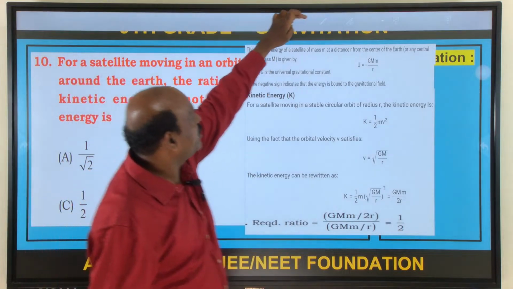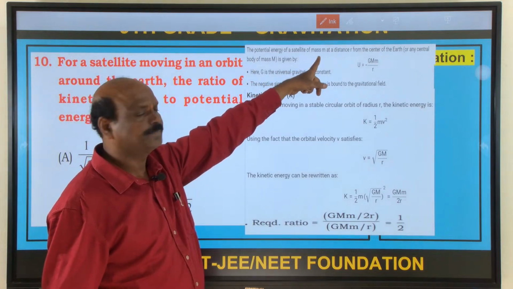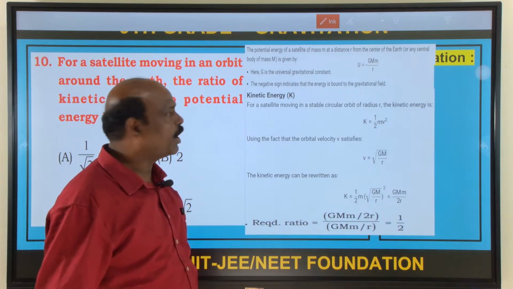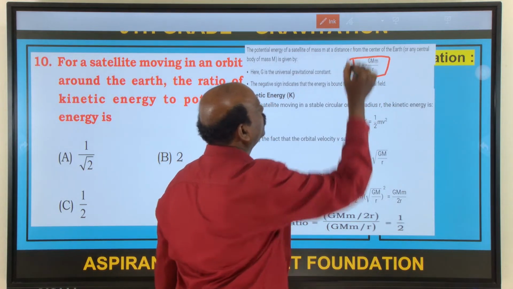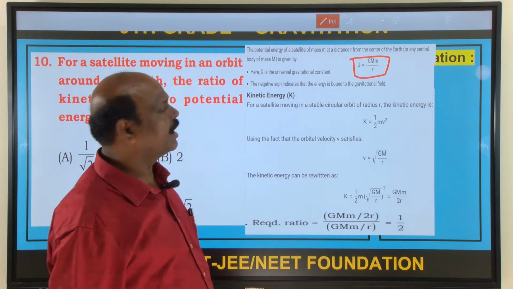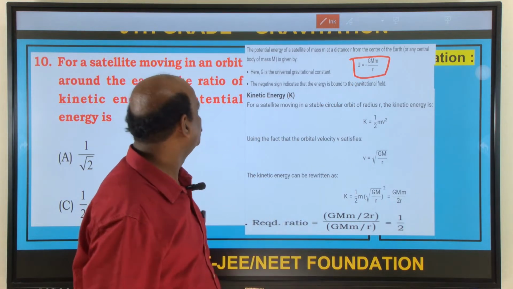The potential energy of a satellite of mass m at a distance r from the center of the earth is given by the formula U equal to minus G into capital M small m by r, where M is the mass of the earth and small m is the mass of the satellite.